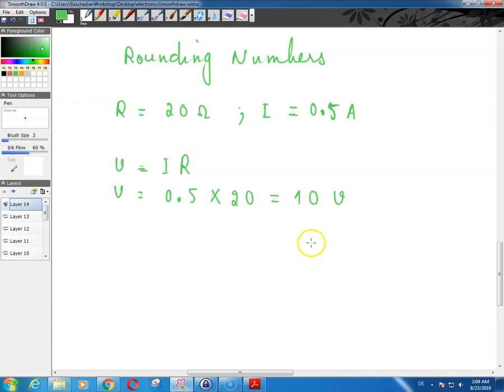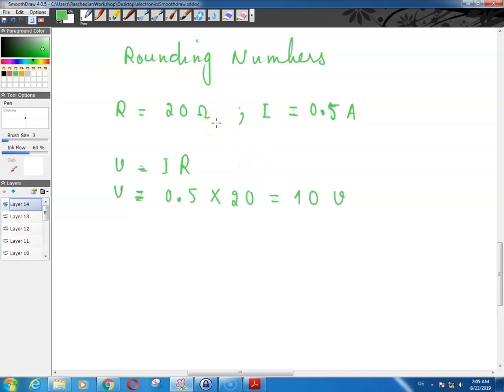Now the number that you get here, I think you know from physics or chemistry that when you calculate something, most of the time you're told to round to 2 decimal places, or 3 decimal places, or 4 decimal places, and so on and so forth. Of course, there is a reason for that.